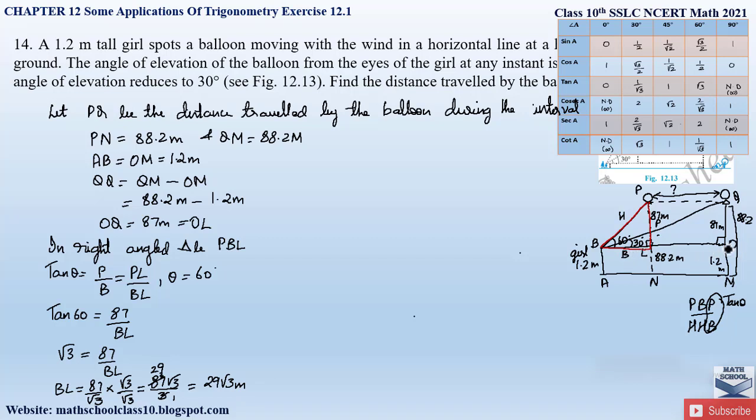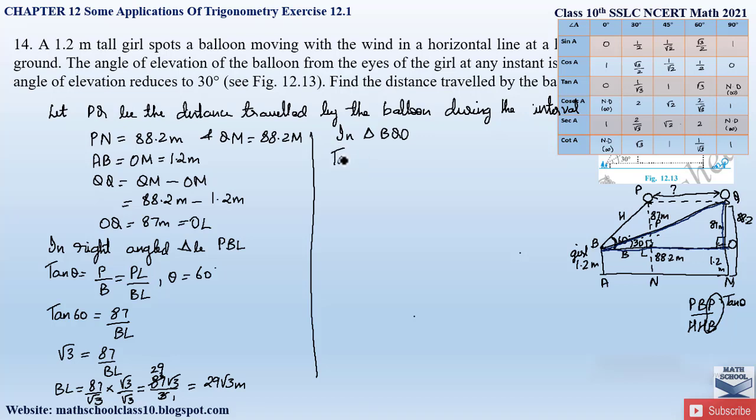Now let us find out the value of BO. Now let us consider the triangle BQO. In triangle BQO, since our acute angle is 30 degree now, we know the perpendicular, which is 87 meter, and we have to find out this base value, which is OB. So here again we will apply the tan trigonometric ratio.